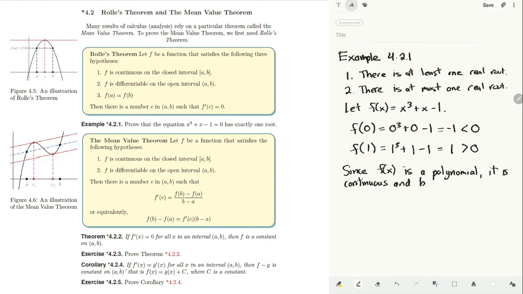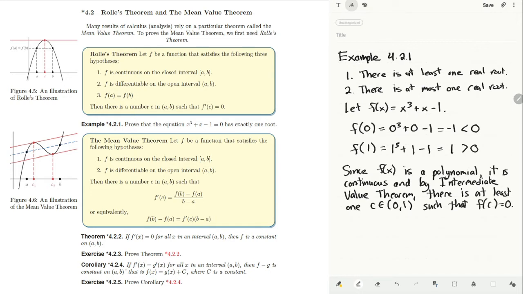And by the intermediate value theorem, we know there is at least one c that is between the interval from 0 to 1, such that f of c is equal to 0. So it has at least one real root on that interval.